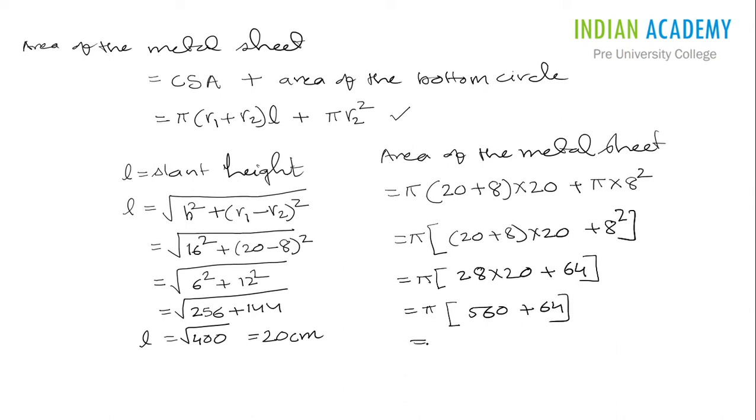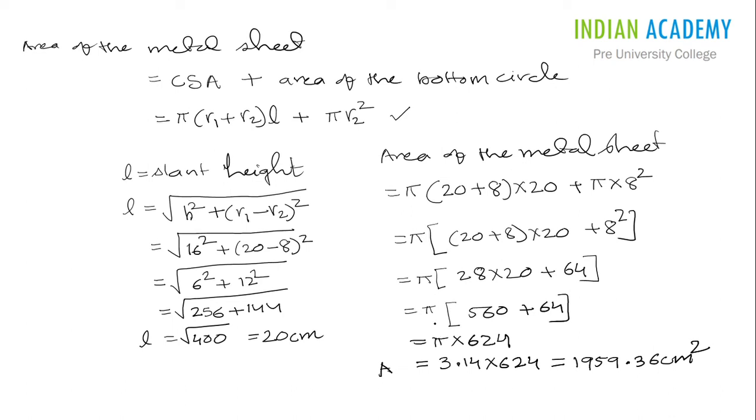That is pi into 624, and we can put the approximate value of pi as 3.14. So 3.14 into 624 will come out to be 1959.36 centimeter squared. That's the area of the material used.